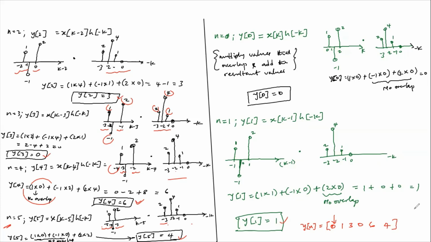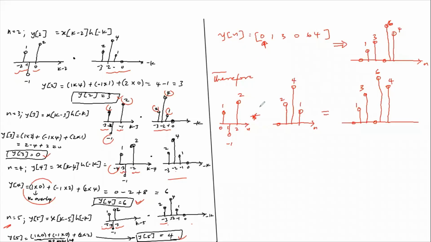So how will the output look like? So let us wipe this part of the board. So the output is the same as this. So the arrow pointing at the origin, so that is 0. We have 1 at 0.1, 0.2, 0.3, 0.4.